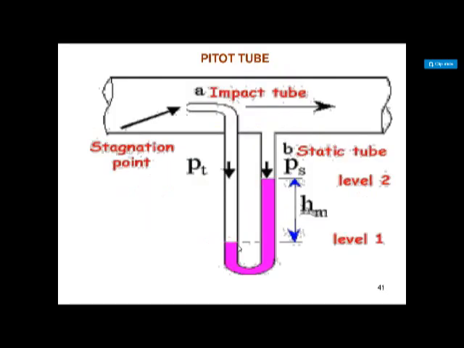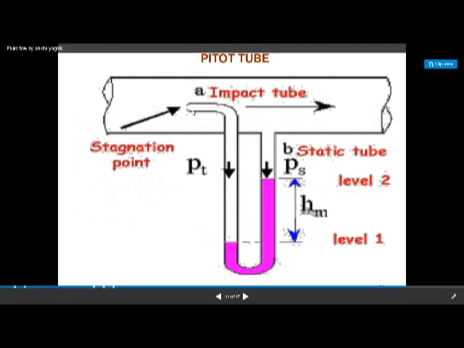Now see, this is a diagram of a pitot tube. This is a stagnation point. It consists of a pipe where the flowing liquid is going to flow. This is a manometer, so the change in the pressure is measured by this manometer.